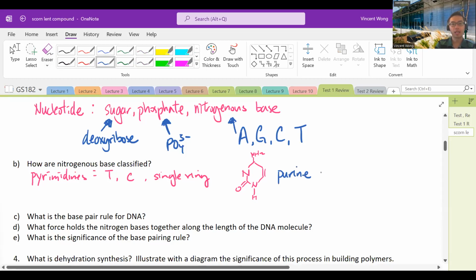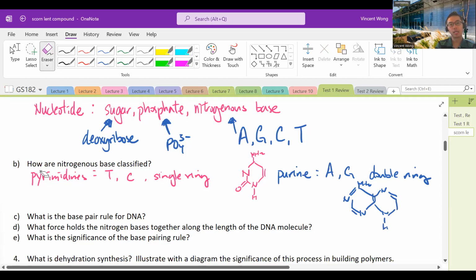A purine has 2 rings, and it will be A and G, double ring. Okay, something looks like this. We'll have 2 rings in the structure.